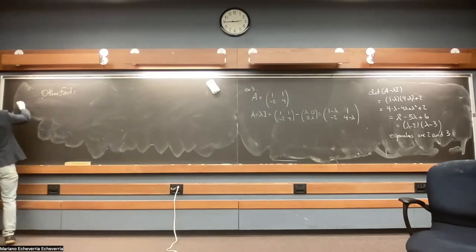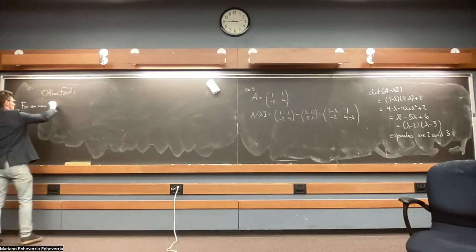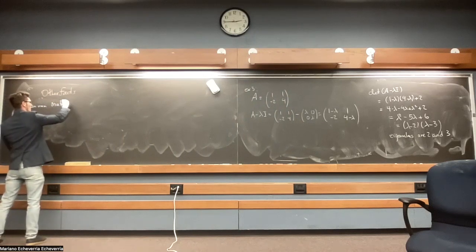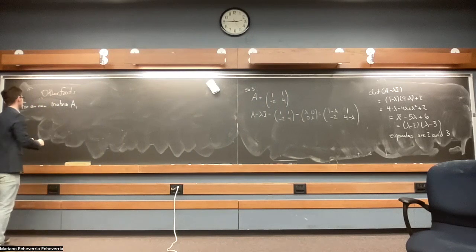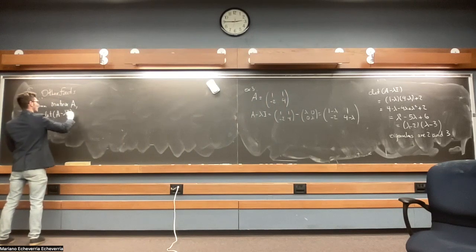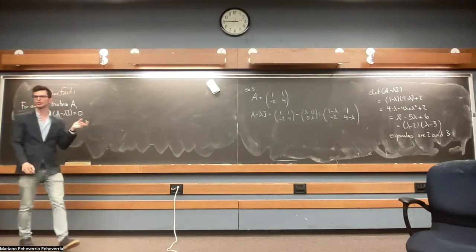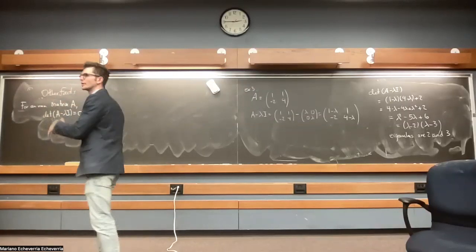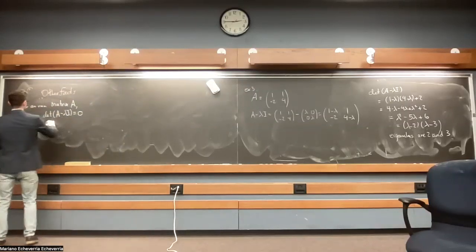So for an n by n matrix A, this equation is the equation for a polynomial of degree n in lambda. It's a polynomial equation.